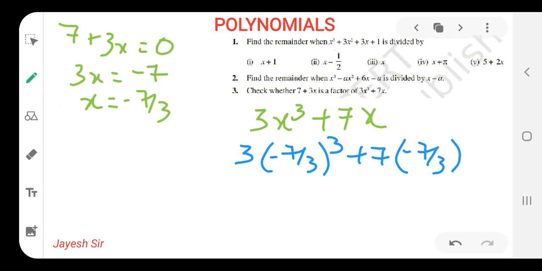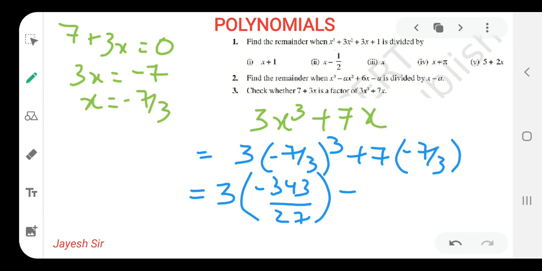Now friends, I hope you might be facing a problem in remembering the cubes, but my students already know that 7 cube is minus 343, and the cube of 3 is 27. So I'm writing over here plus 7 into minus 7, that means minus 49 by 3. We are easily able to solve that.